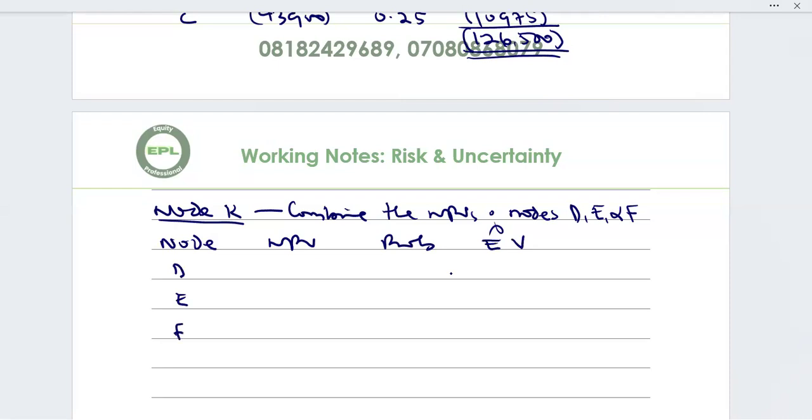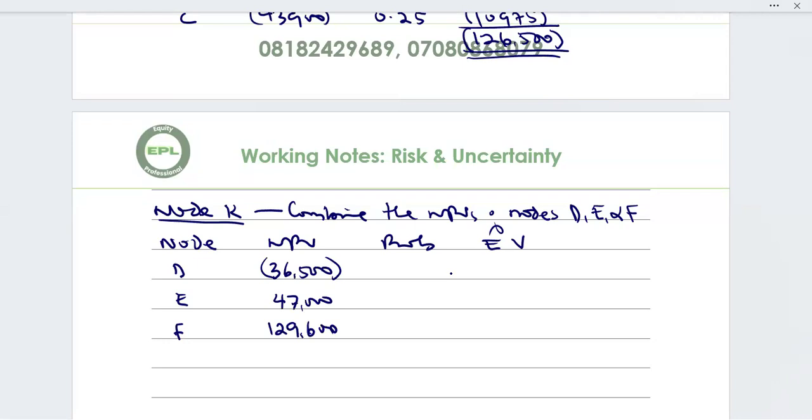What's the MPV of node D? Negative 36,500. Node E, 47,000 positive. Then node F, 129,600.